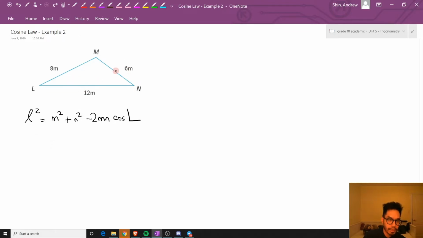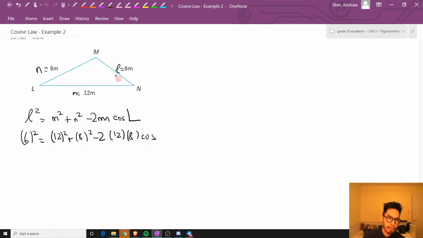Small l is right here, across from big L. Small m is across from big M, and side n is across from angle N. So small l, or side L, is 6 squared, M is 12 squared, and N is 8 squared, minus 2 times M and N cosine angle L.